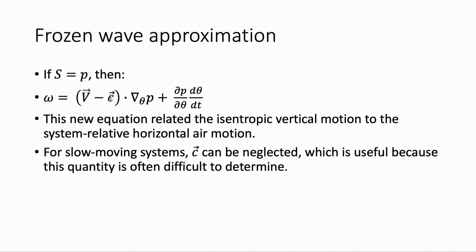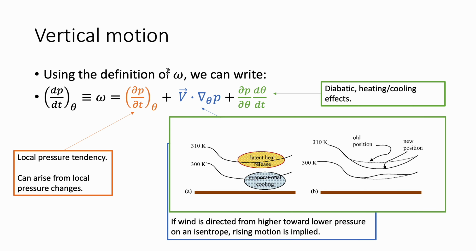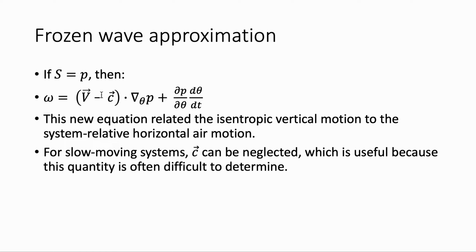And this was also the same as saying that the local pressure tendency here was negligible, right? If you have something that is not moving, if you're accepting that changes in pressure are due to the movement of this system, and you're saying the system is not moving really fast, then you can also ignore the changes in pressure, okay? So it's another way of saying this.